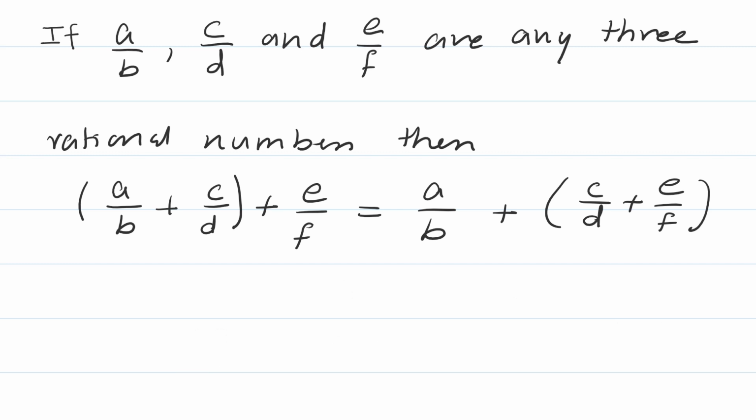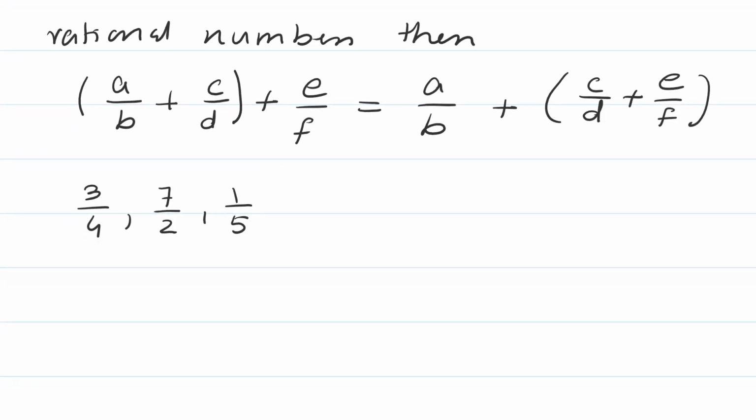Result remains same. Now we'll verify this property for rational numbers. So consider three rational numbers: 3 by 4, 7 by 2 and 1 by 5. Now we'll verify this property.